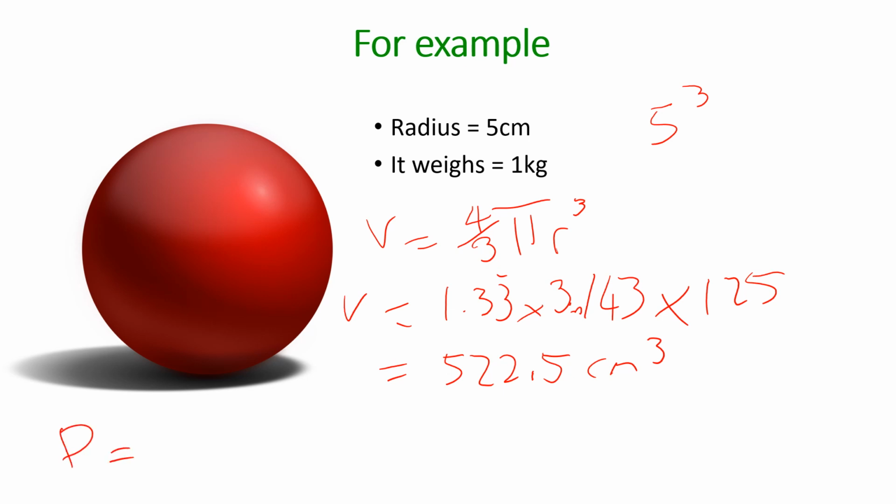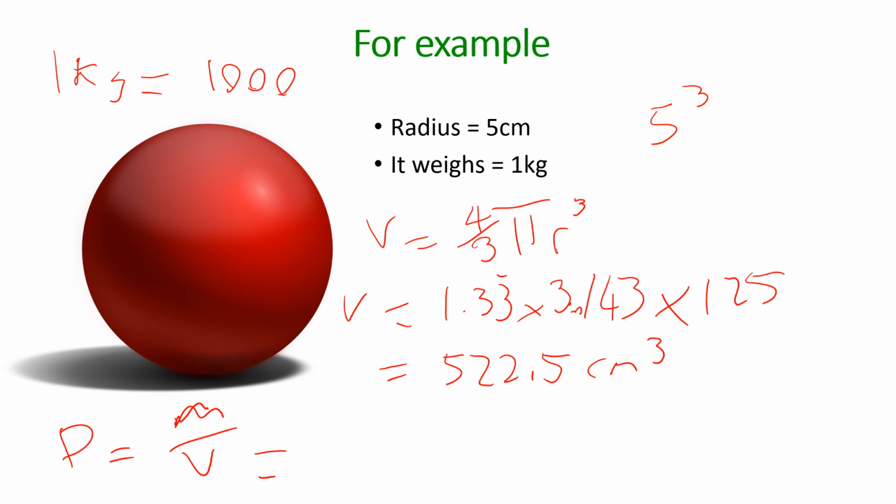So step 2, put in the formula for density. D equals M over V. Okay, so now we need to be careful here because we've got some units issues. So 1 kilogram, kilo means 1,000. We've got to convert that into grams. Otherwise we're going to make a massive error. So kilo means 1,000, so that means we've got 1,000 grams in this sphere.